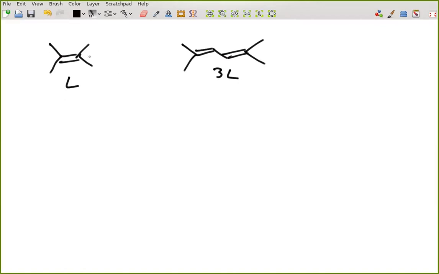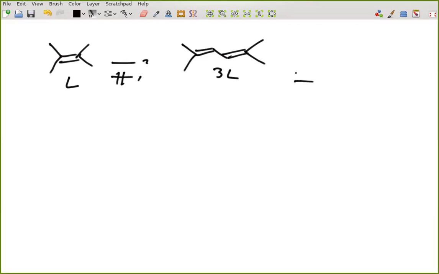What else do we know? Well, in this one, there are only 2 pi electrons, so when we try and draw the energy levels, we've got energy level 1 and energy level number 2. So there's 1 and 2. And on this side, we've got 4 pi electrons.